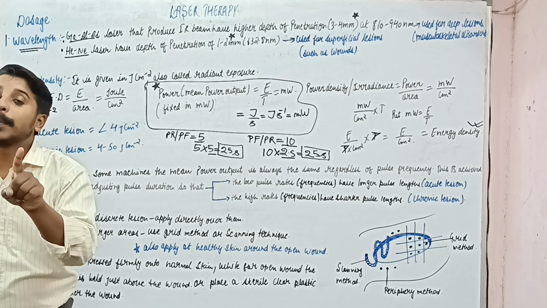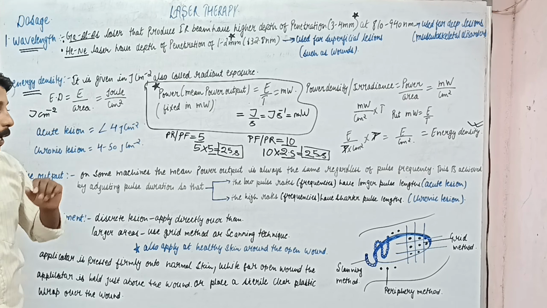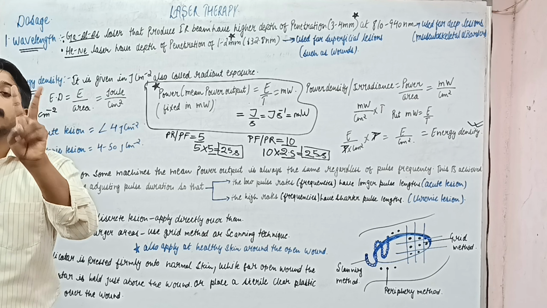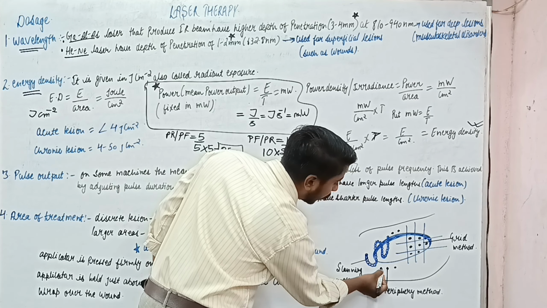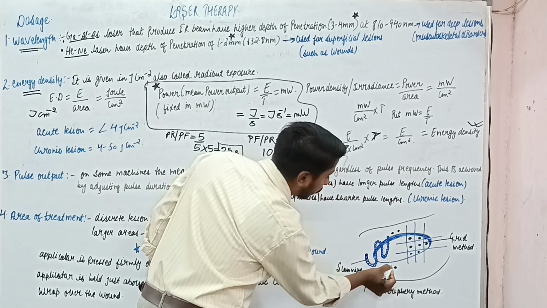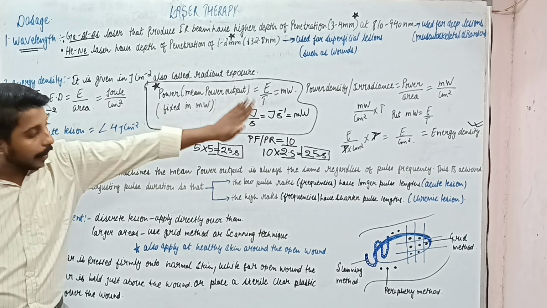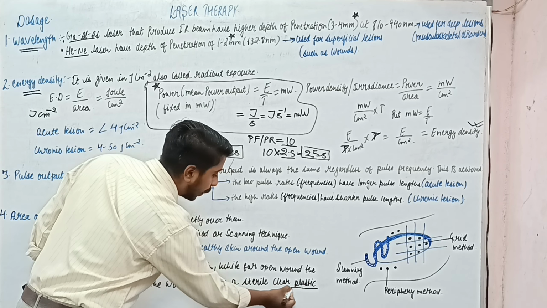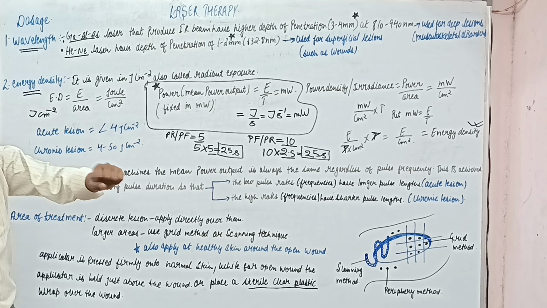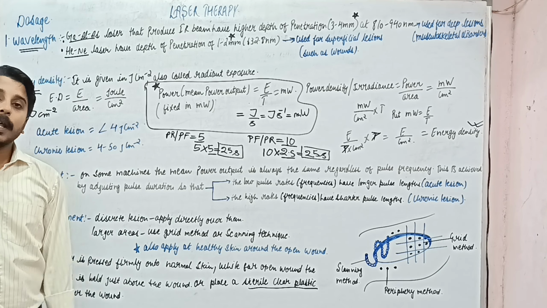Also we can apply it on open wounds, and on open wounds we have two choices. Either we can apply at the periphery like this, or we can just cover the wound with sterile clear plastic, and apply the laser over it.